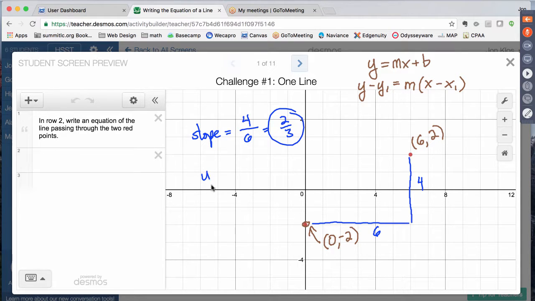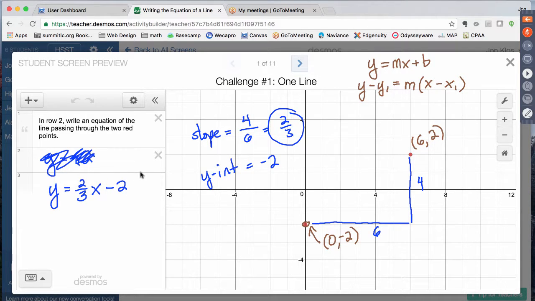But I also know my y-intercept equals -2, so in the equation I would put y equals, my slope is 2/3. Let's put y equals 2/3 times x minus 2.